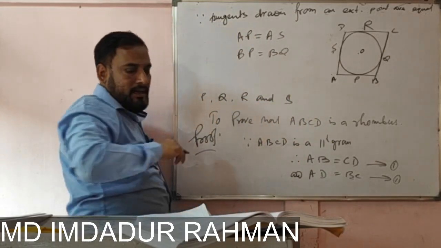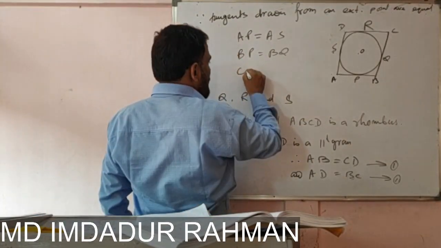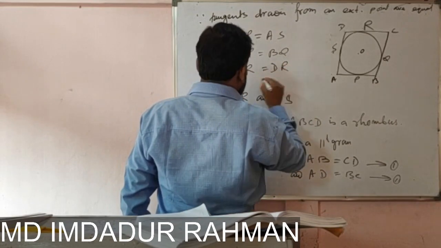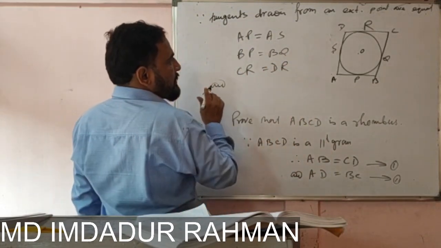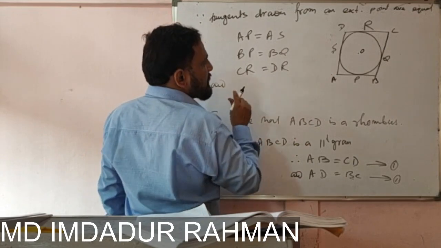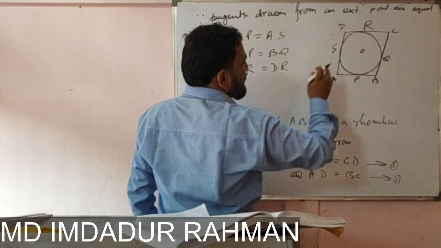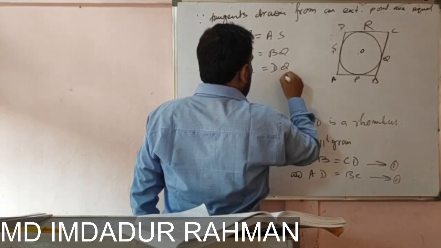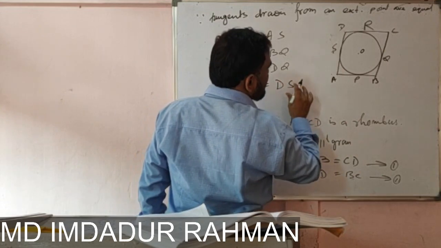CR is equal to CQ and DR is equal to DS.